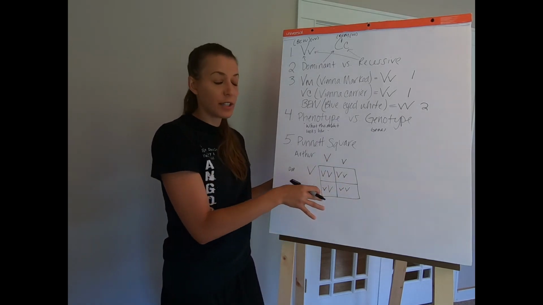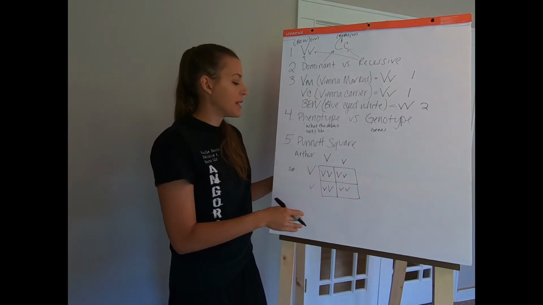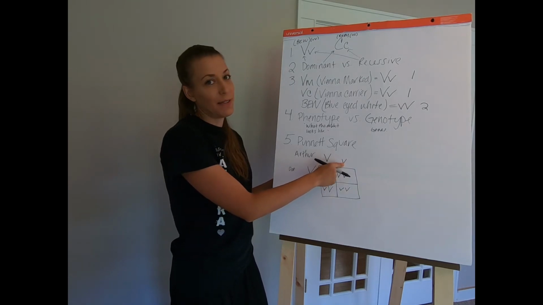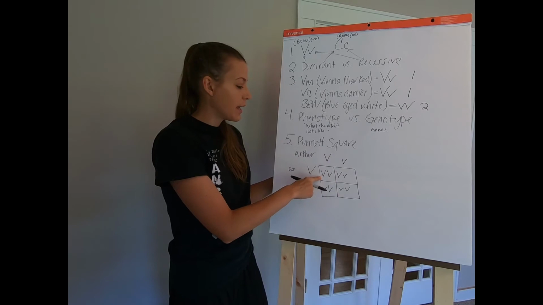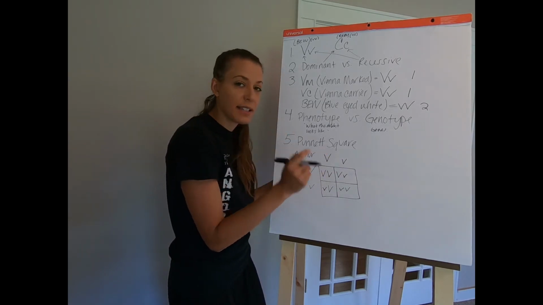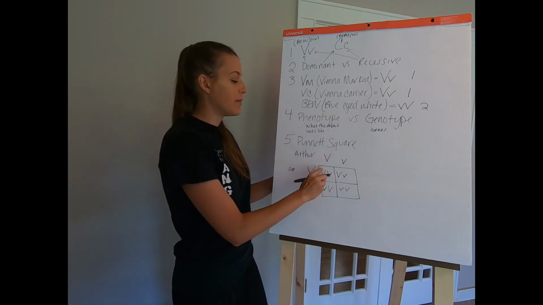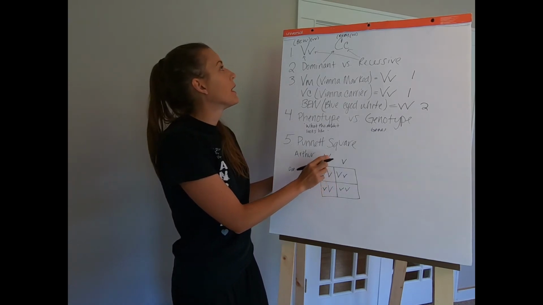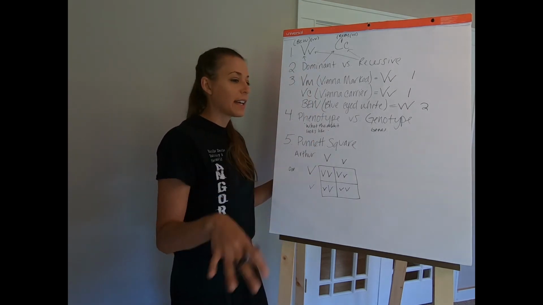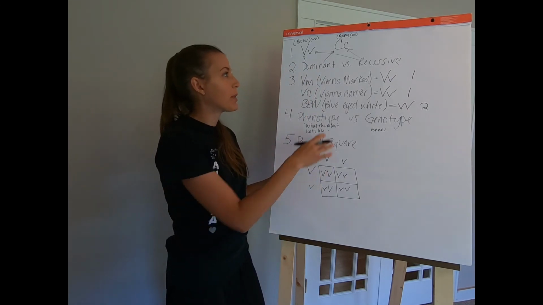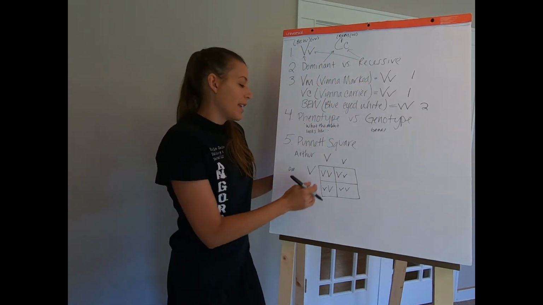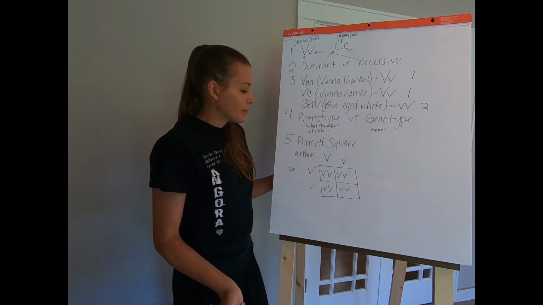So out of your litter of rabbits, you have a 25% chance of getting a rabbit that does not carry the recessive Vienna marked gene. VV, 2 big V's, remember, the big V is the dominant, that's not going to show. It overpowers that little recessive Vienna gene, so it's not going to show at all.